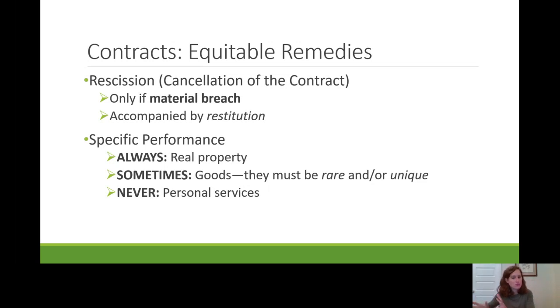But there's a lot of labor laws and other kinds of really specific contract issues that go into pro sports. So that's the only context I've ever really seen this come up. For the vast majority, 99% of the time, for normal contracts, you cannot get specific performance for personal services.